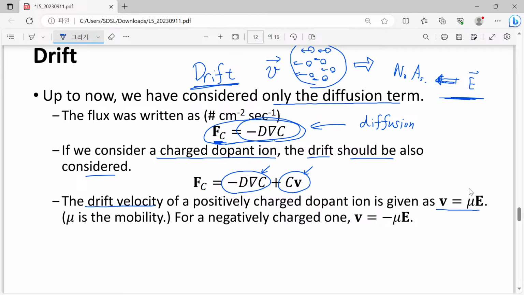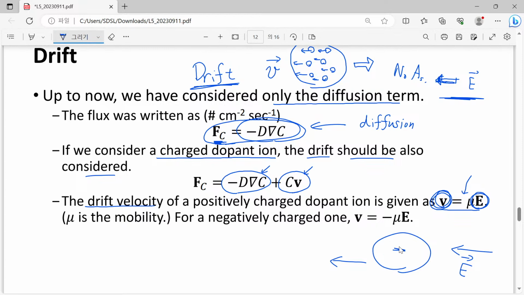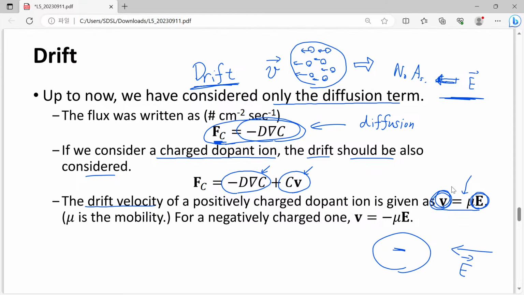The drift velocity is given this way. Here we have just a positive sign. So the direction of the electric field and the direction of the dopant movement are well aligned. I mean that here we have a positive charge, and the electric field is heading this way, then we have the movement in this way. But instead, if we have a negatively charged particle here and the electric field is still heading in the same direction, then what will happen?